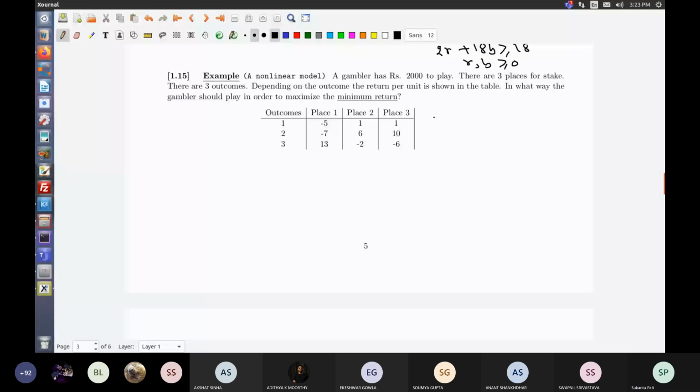See, you have to identify the variable. To identify the variable, it is very clearly written that there are 3 places for stake.